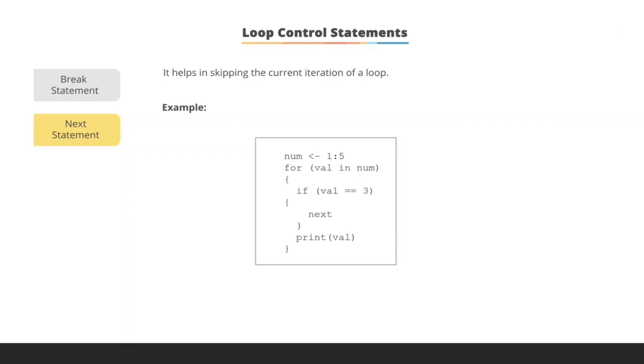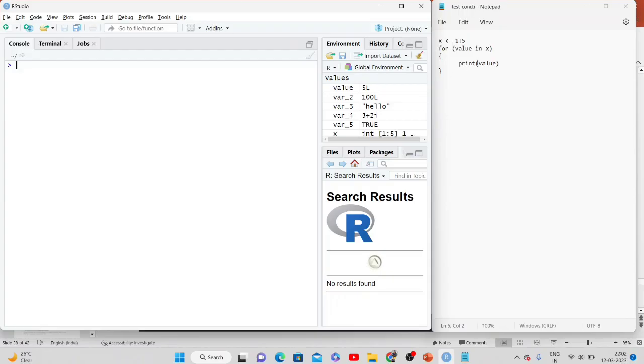So let's see these loop control statements, the for loop and while loop, briefly in RStudio. Okay, so here I have written the code of a for loop where x is initialized as a vector of 1 to 5, and then for value in x. If you have any doubt about this 1 to 5, we will learn the vector data structure just after this video, so don't worry about it.